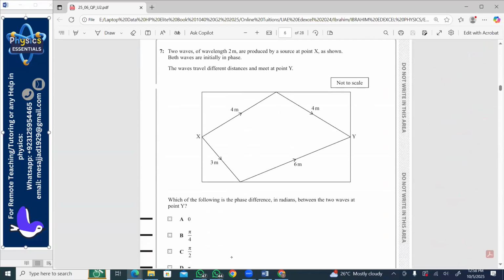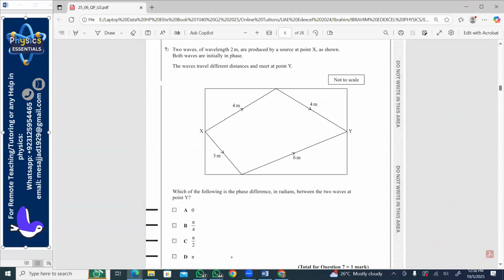So this is the question for constructive and destructive interference. Two waves of wavelength 2 meters are produced by a source at point X as shown. This is the source X, which is producing two waves.